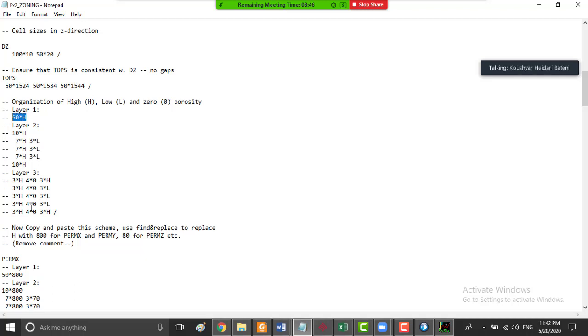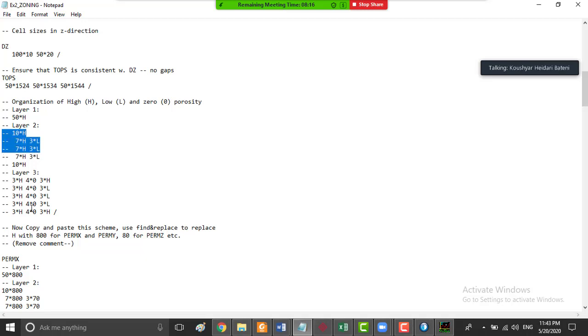After dealing with the first layer, we have to deal with the second layer. But in the second layer we have a problem. Some cells belong to the high porosity region and some cells belong to the low porosity region. So for the second layer, how do we need to write the data?